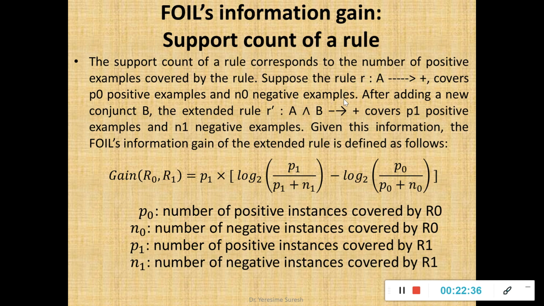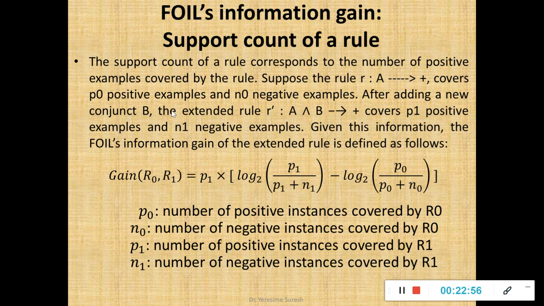So the same example that we discussed with respect to your likelihood ratio statistic as well as your Laplace as well as M estimate, we'll take the same example where the initial training set has 60 positive instances, 100 negative instances. For that I'll represent P naught as 60, N naught as 100. Same example.